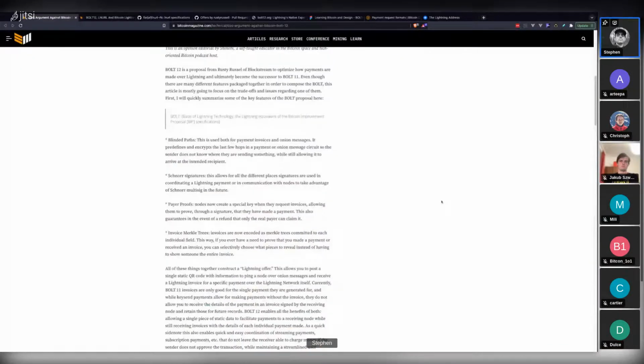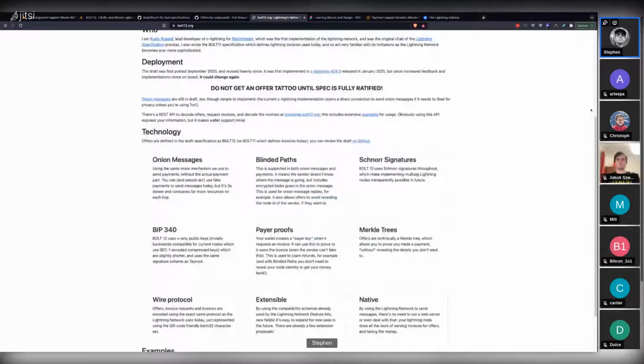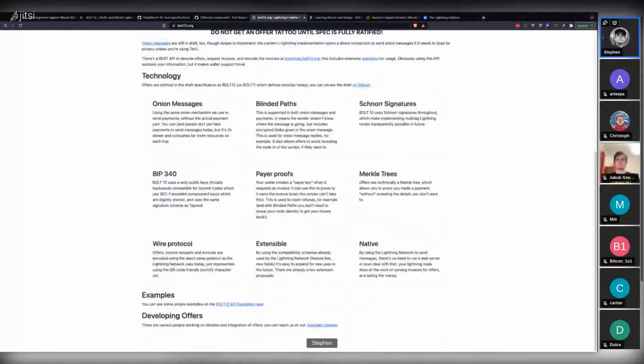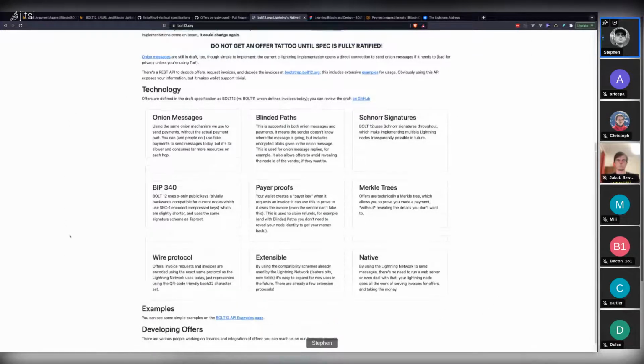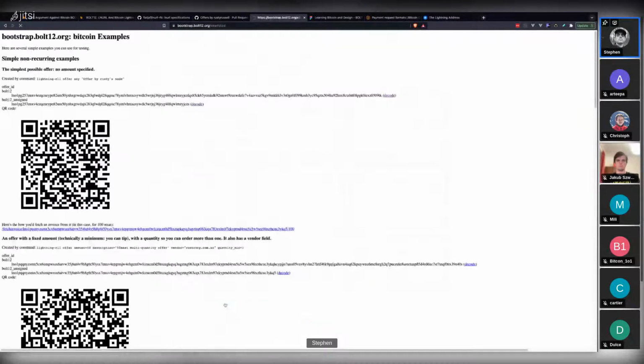Now, I thought it might be good to look at some of the other features that Bolt 12 has. There's some interesting stuff here. One thing that is not listed here that I think is really cool about offers is that you can denominate them in other currencies.